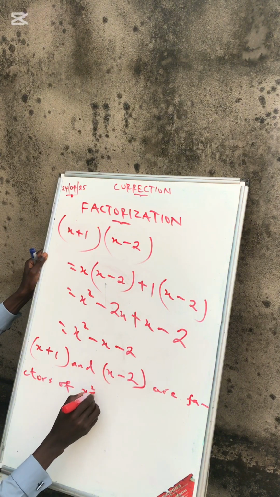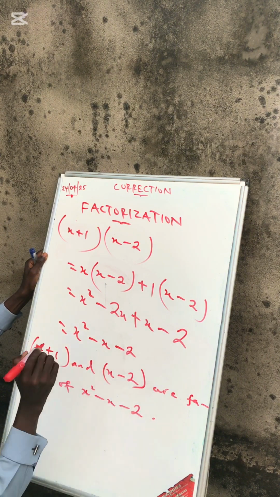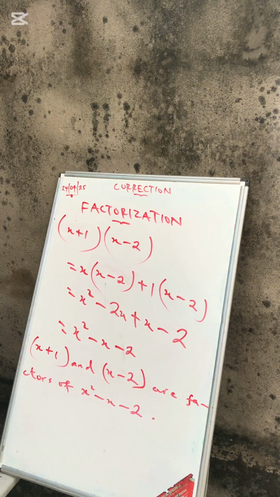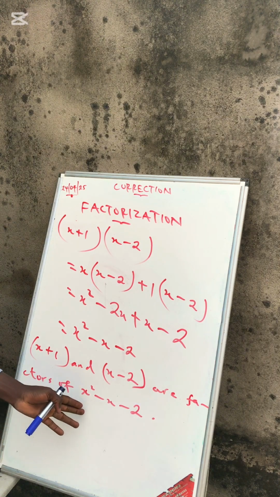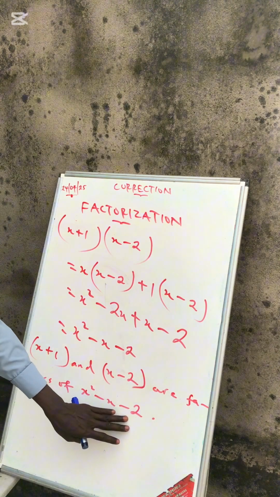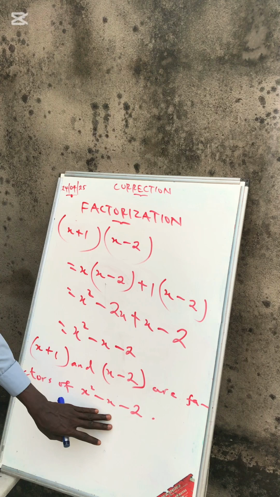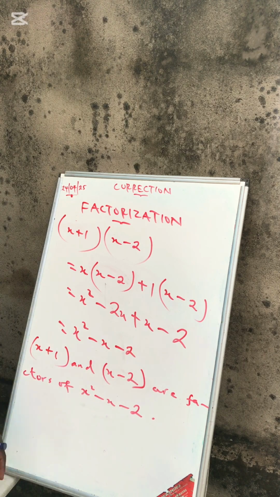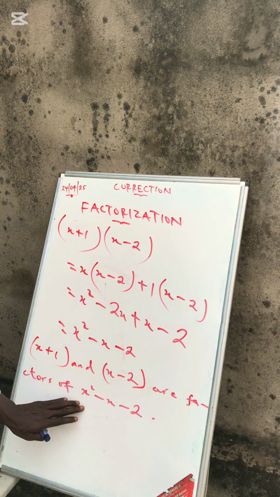Of x squared minus x minus 2. Do you understand? So whenever you find the factors of a product, what you are doing is factorization. The factors of a polynomial, whether quadratic of degree 2, degree 3, or anything at all, whenever you find the factors of anything, what you are doing is factorization.